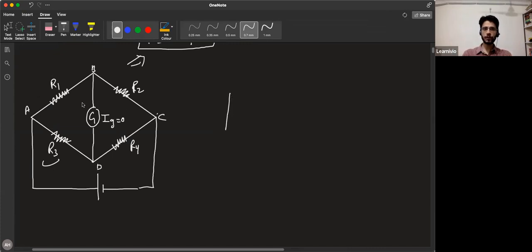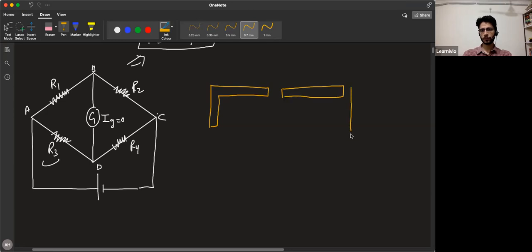So instead of these straight wires, we use very thick copper strips. These are copper strips.